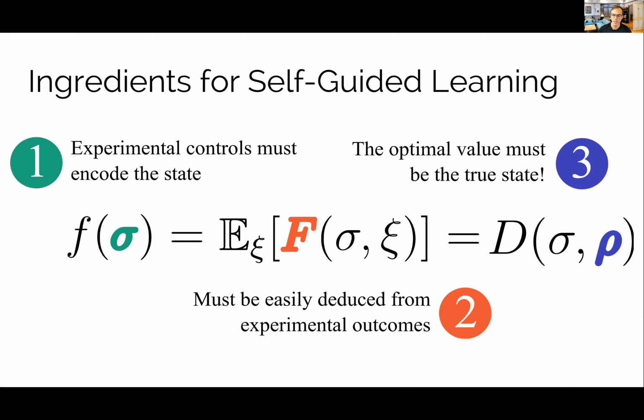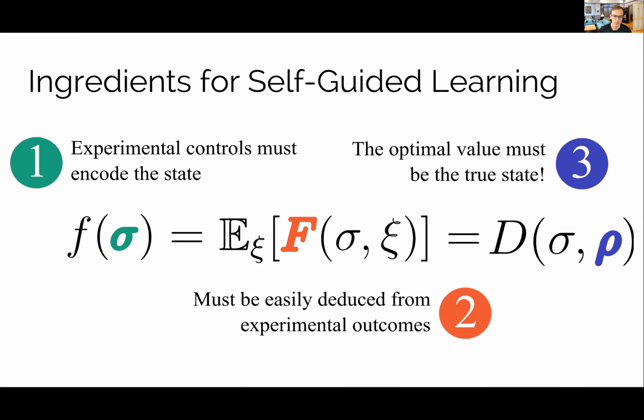So this D is some, say, generalized distance measure, which is optimized when my guess is equal to the true state. Okay, so I need to find an objective function that I can easily measure in an experiment, and if my guess is sitting at the true state, then on average that should optimize the function.